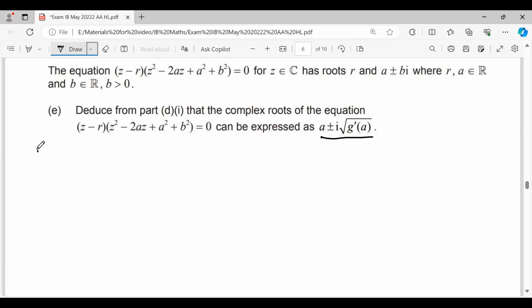So g(z) equals (z minus r) times (z squared minus 2az plus a squared plus b squared).